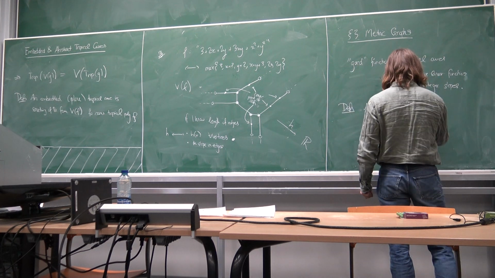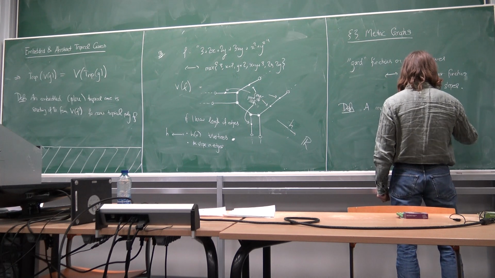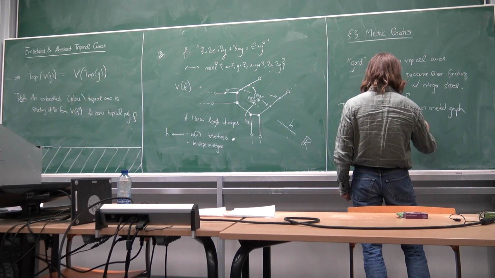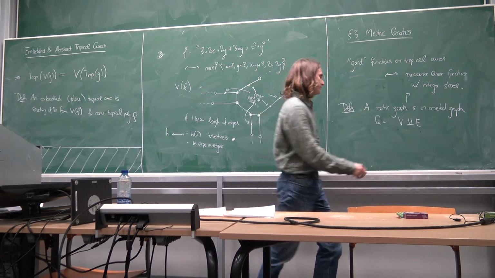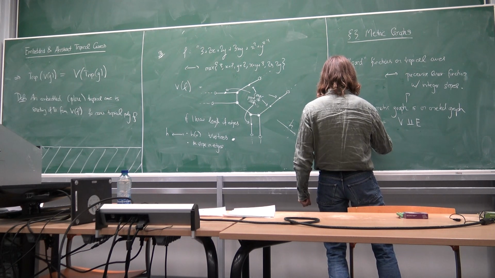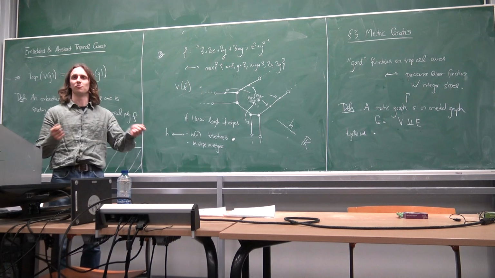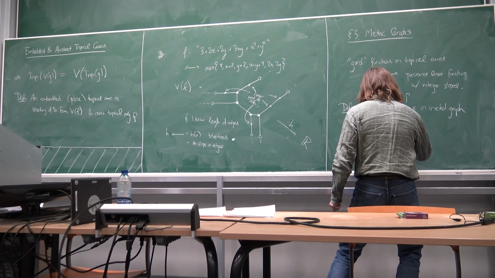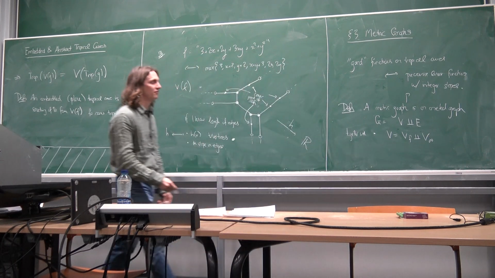So a metric graph, gamma, is an oriented graph, G, consisting of vertices and oriented edges, together with some extra data. The first bit of data is that the vertices should be divided into finite vertices and infinite vertices, so a decomposition of V into finite and infinite vertices.